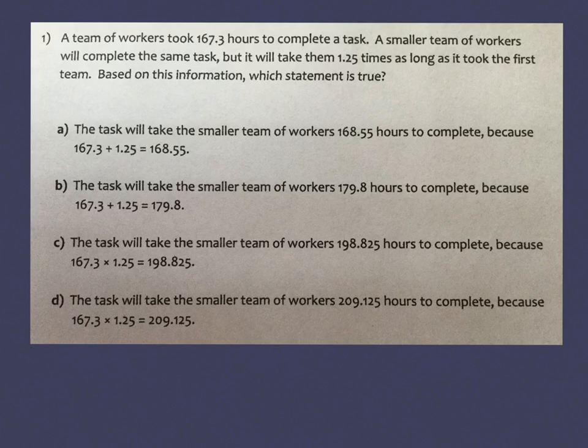Well, the first thing we know is that the first team took 167.3 hours, and that the smaller team was going to do the same task, but it was going to take them 1.25 times as long. This suggests that we're going to need to multiply the original amount of hours times 1.25.